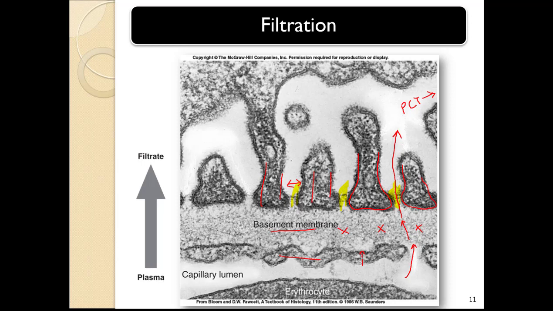Now here is one of the kind of confusing things sometimes for people. I've mentioned that they block things that are negatively charged. However, small negatively charged ions can get through. So for instance, chloride, so I'm just going to draw a chloride ion here. Chloride ions have a negative charge, but they are very, very small.